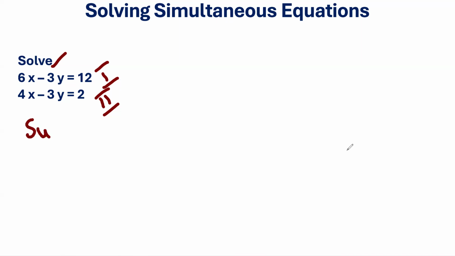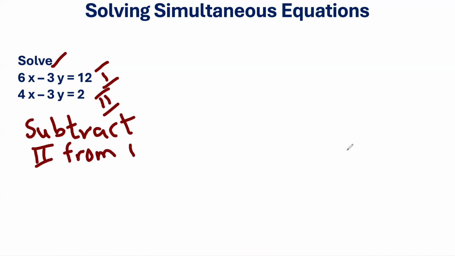So I'm writing this first step, subtract 2 from 1. When you subtract 2, all the signs are changed. Let's start. Equation 1, you're not supposed to change any sign.